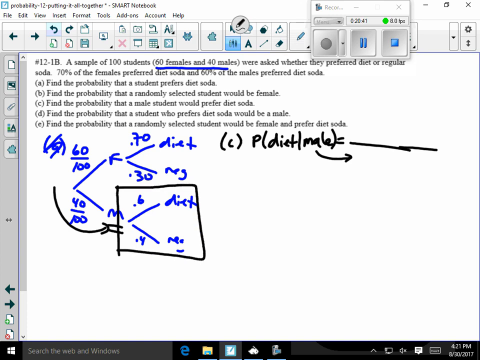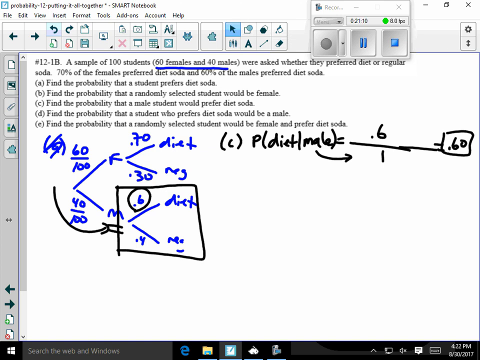And that essentially means that I don't even have to think of this as a fraction anymore. I could think of this as being over 1. There's a 100% chance that I'm in the male portion of the tree. Now I want to find the probability that I would like diet. And that probability would just be the 60% right here. So it's just 0.6 over 1, or just 0.60, which is the same thing we got when we did this by hand, using the table.